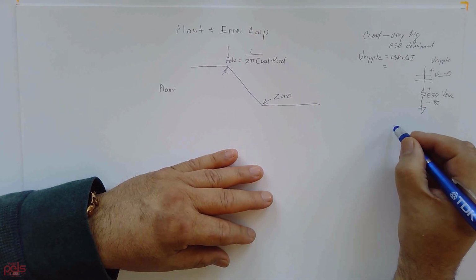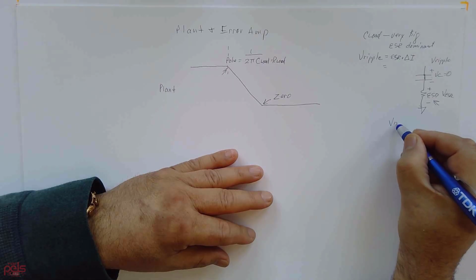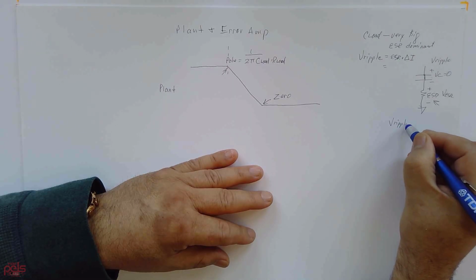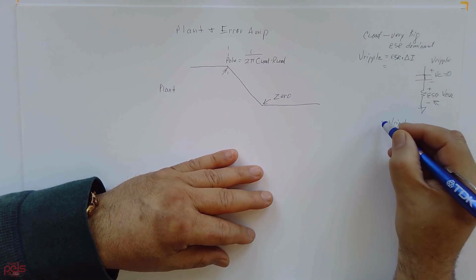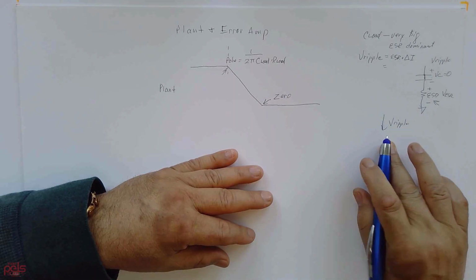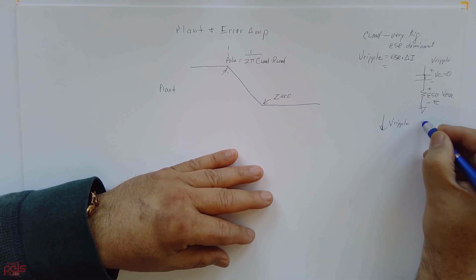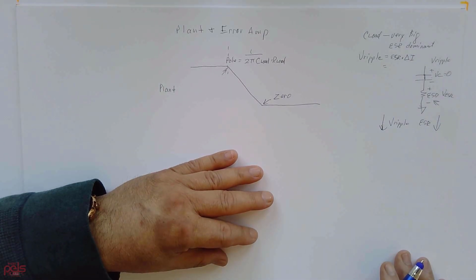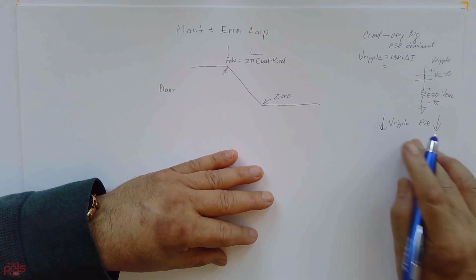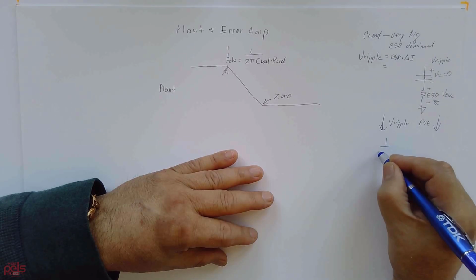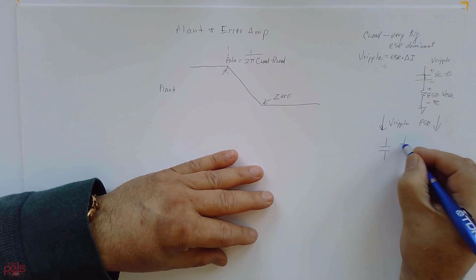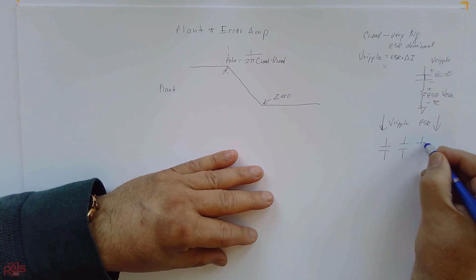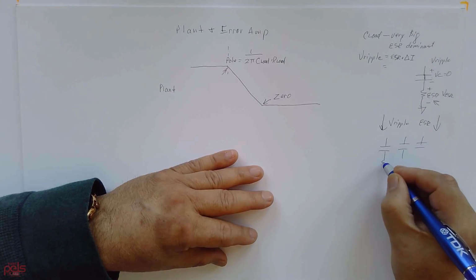If you want your ripple to be small, then your ESR has to be low. And if you want ESR low, then you need to parallel a bunch of capacitors.